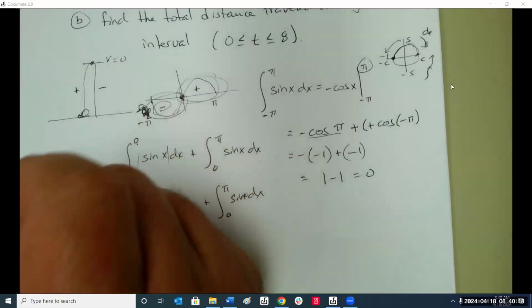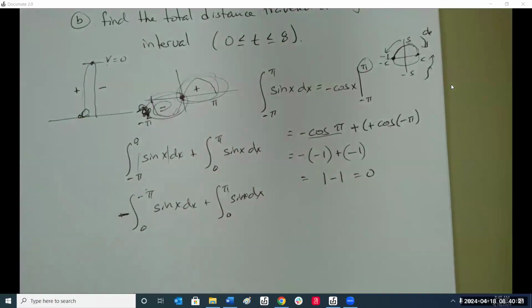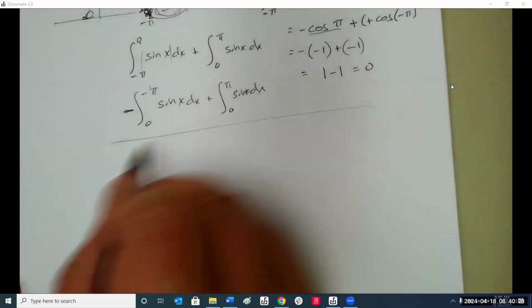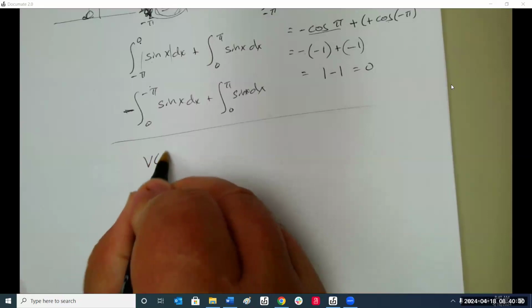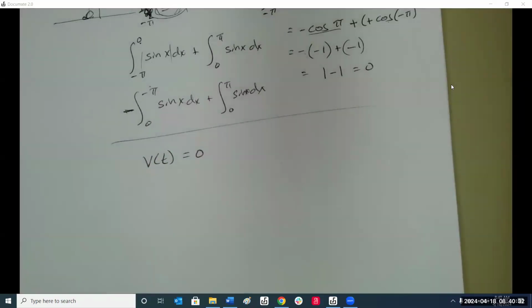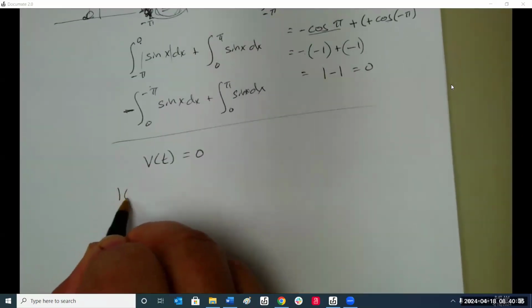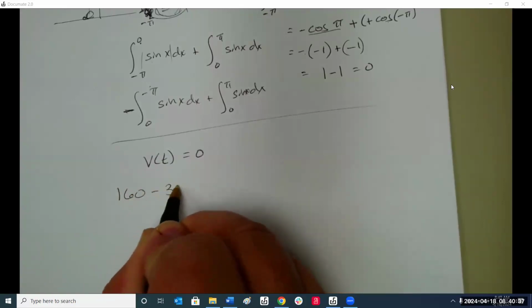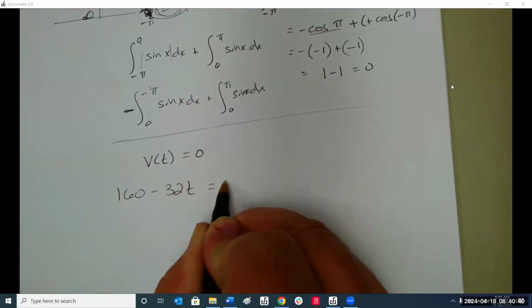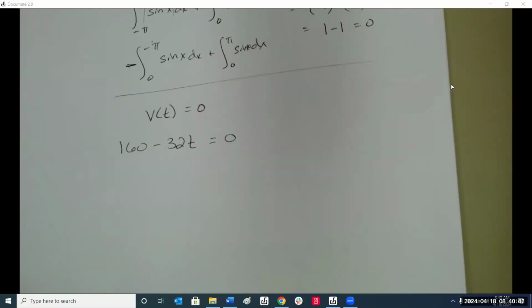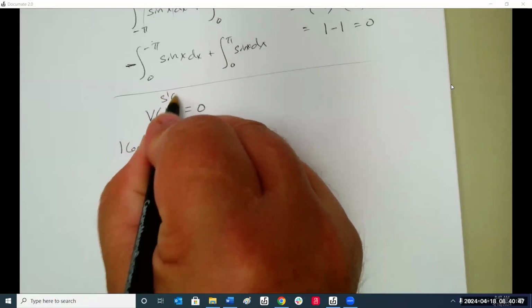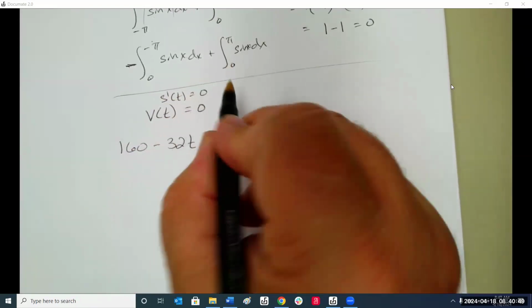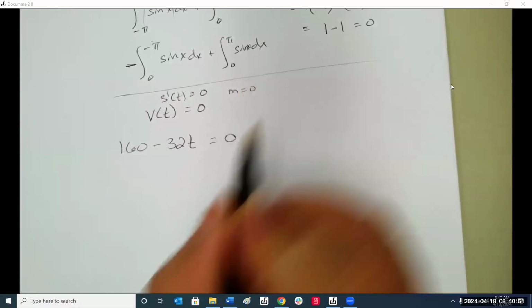When is the slope equal 0? How do we find that out? Take your velocity function, set it equal to 0, because that is your first derivative, so it's your slope. So when is your slope equal to 0?